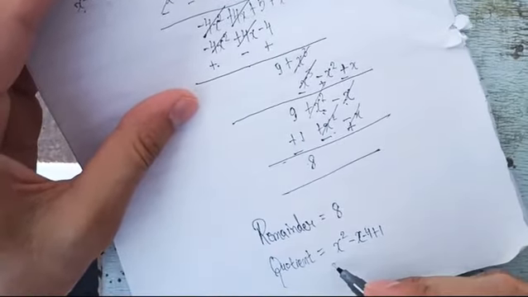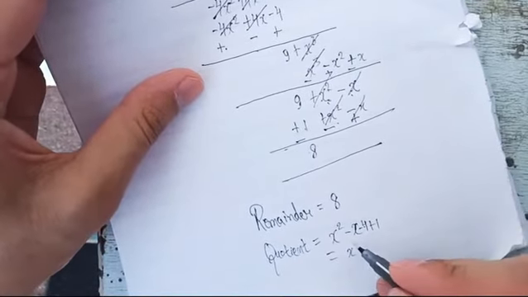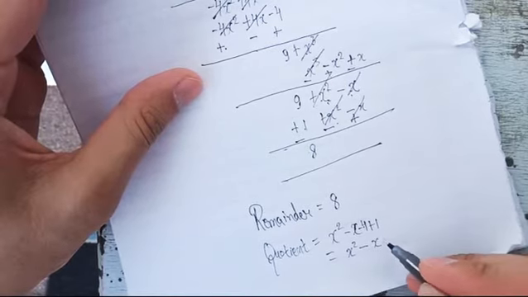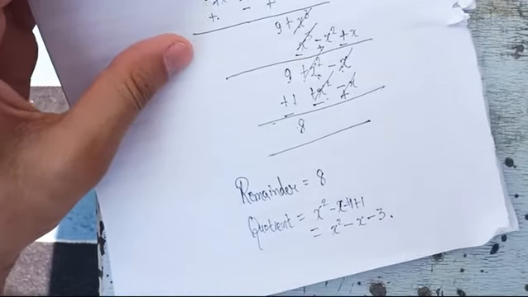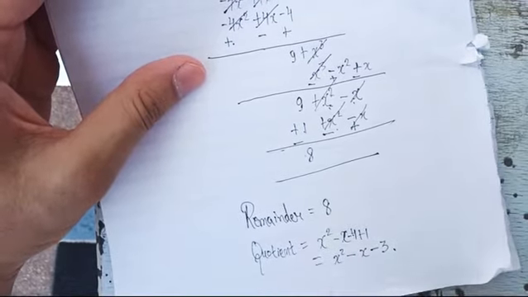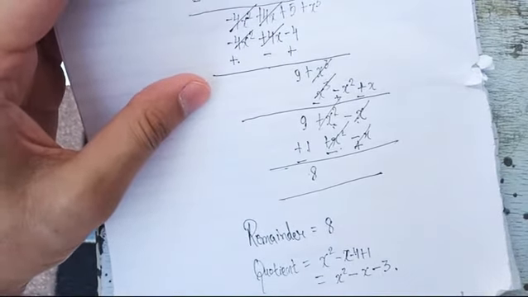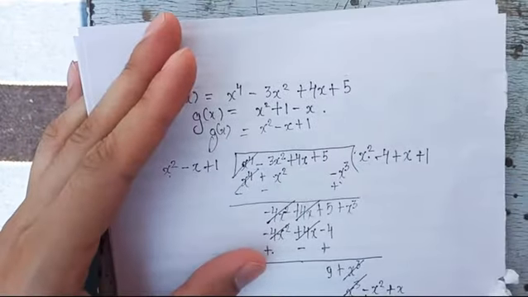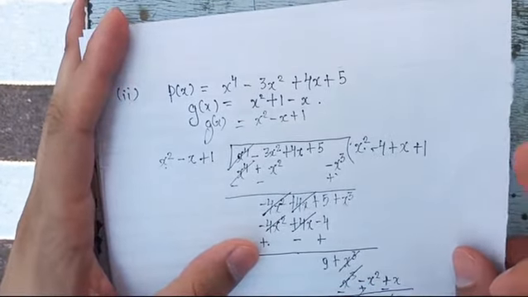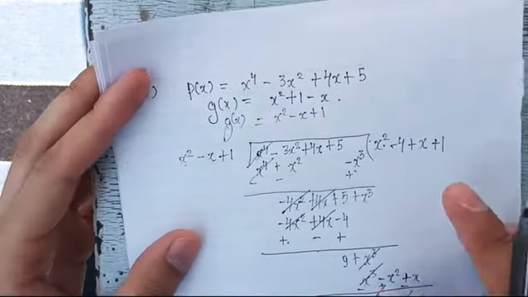So it will become x square minus x minus 3. So that will be the quotient, and the remainder is 8. Okay, this question was quite different from other questions. Okay, and the third one will be the homework.